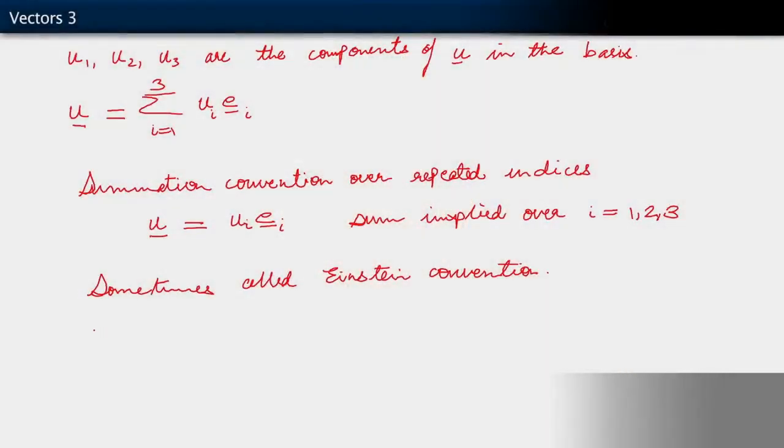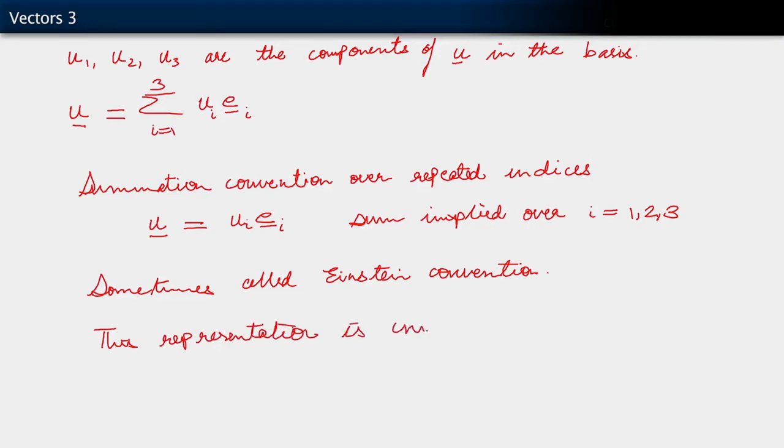All right. So we are here now. We have this way of writing out vectors, and let's observe that this representation is unique, meaning that given a vector u and a basis, there is only one way to write its components.